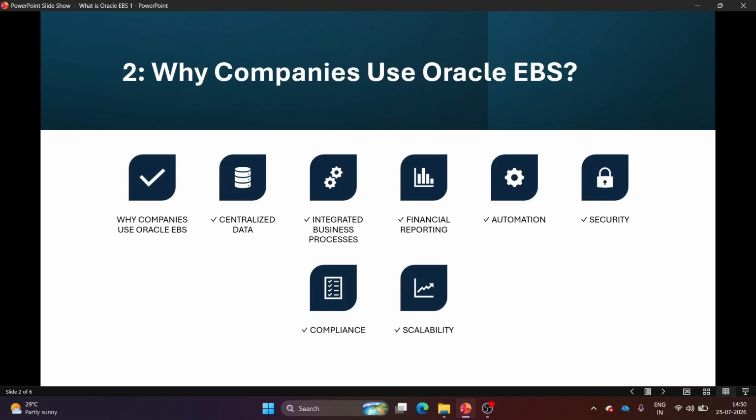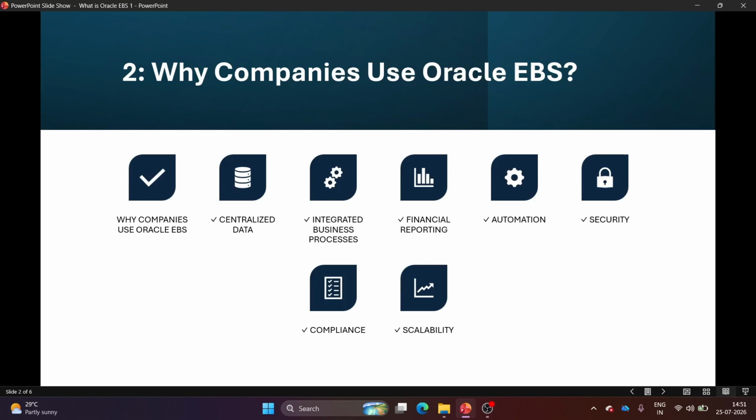It helps automate business processes, reduce manual work, improve financial reporting, support compliance, and provide better management information. It is widely used in banking, manufacturing, healthcare, retail, telecommunications, government organizations, and many multinational companies also.